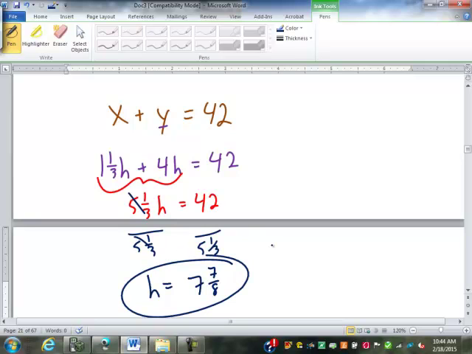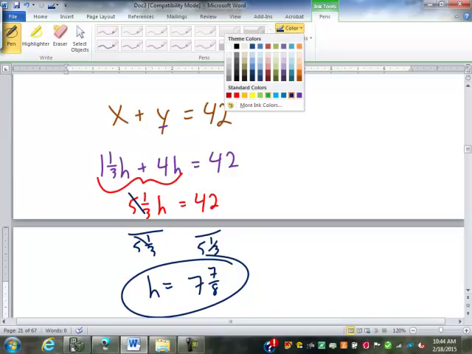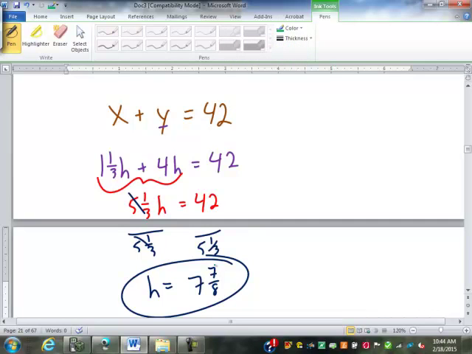So what does that tell us? That's the height, 7 7/8 feet, or 7 feet 10.5 inches. I don't expect you guys to have the feet to inches conversions memorized down to the 8th, but that's 10.5 inches, 7/8. So yeah, the height is 7 7/8 feet.